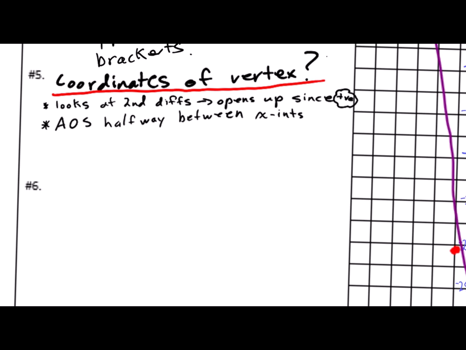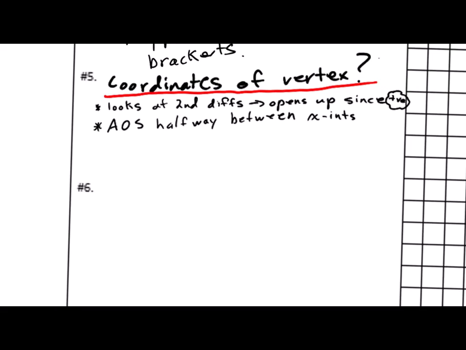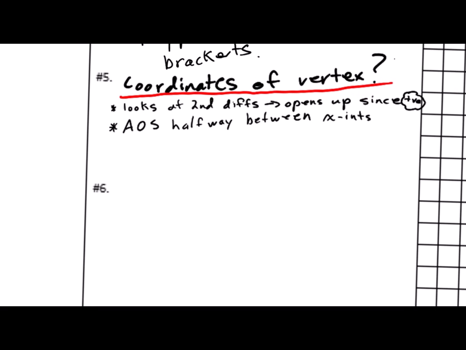Now, the next concept we should realize is that when we're looking at the graph, the axis of symmetry is exactly halfway between the two x-intercepts. That literally means, mathematically speaking, if I have two numbers and I need a number exactly halfway, it's just going to be the average of those two. That's why we say the axis of symmetry is x1 plus x2, added and then divided by 2, right?